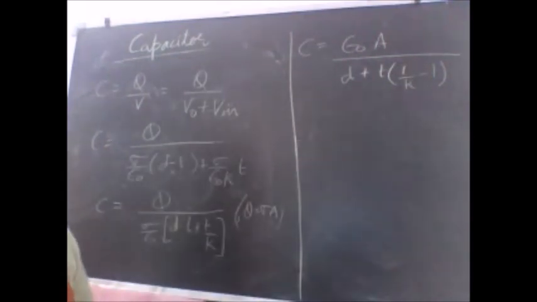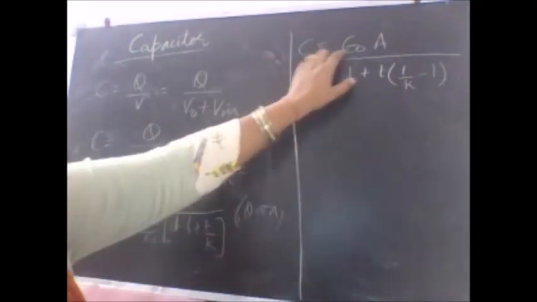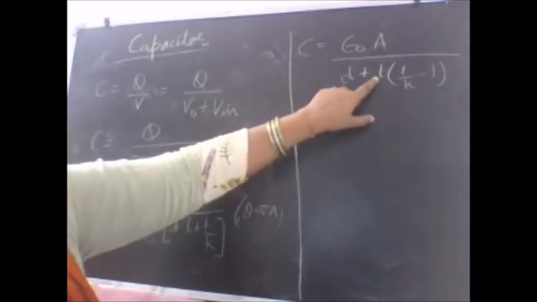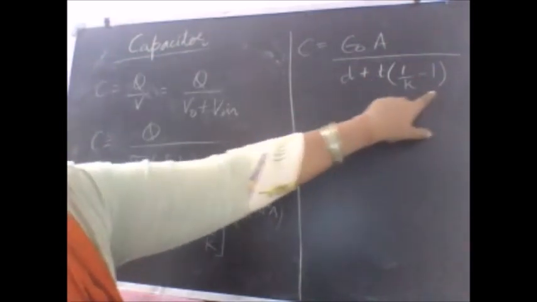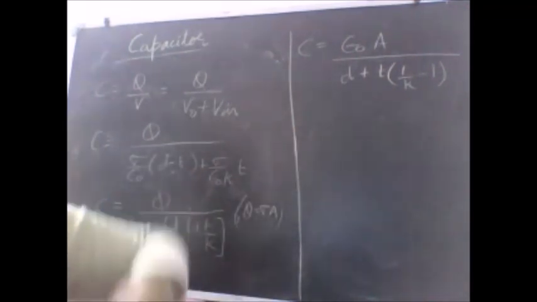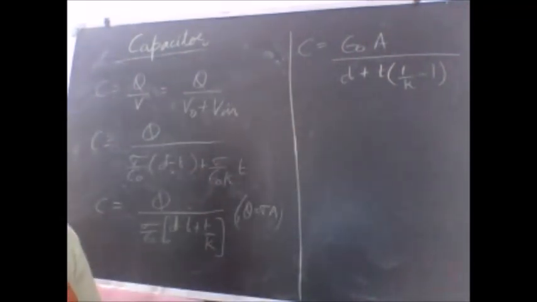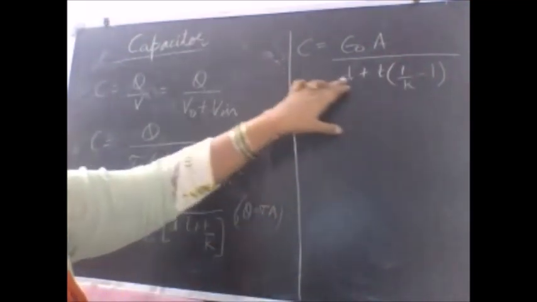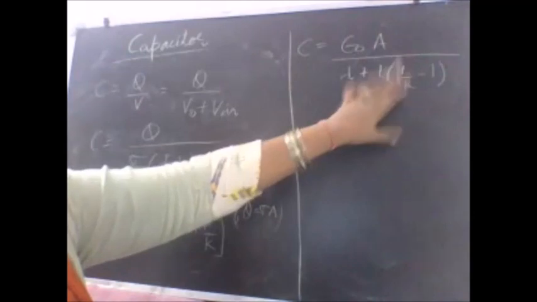If you remember the capacitance that we obtained in the case of the parallel plate capacitor with air medium only, that was simply epsilon naught A by D. That means by introducing a dielectric of certain thickness T, this is the additional factor in the denominator. Otherwise, dimensionally also you can remember this formula. The formula is epsilon naught A by D, so in the denominator it should be only the dimension of length that is present.